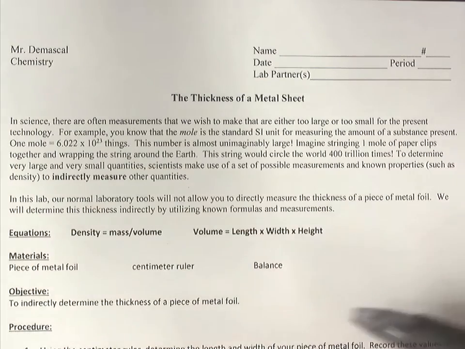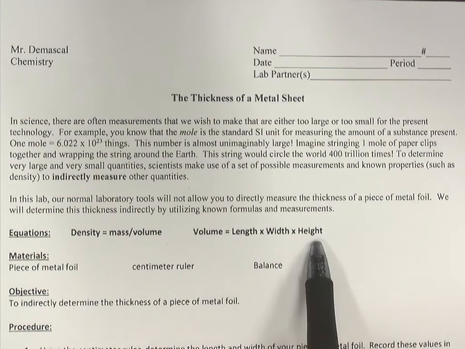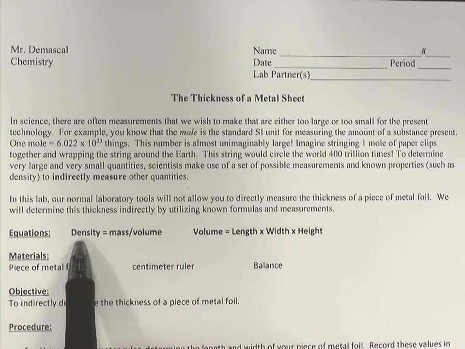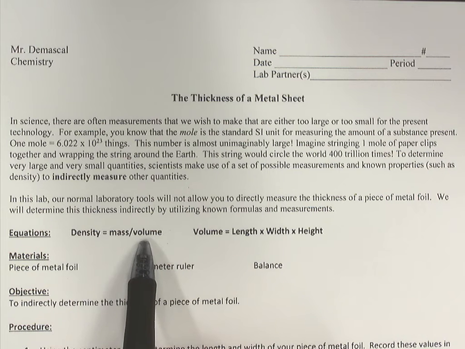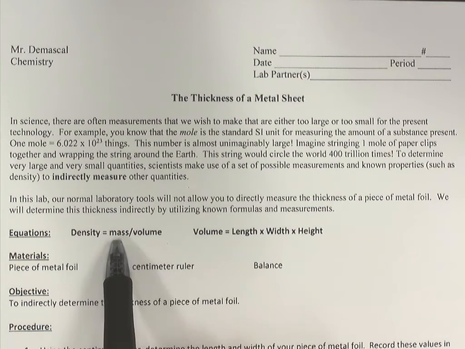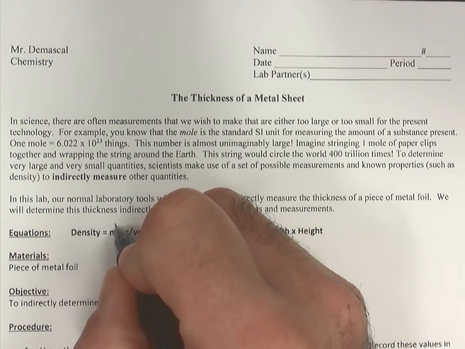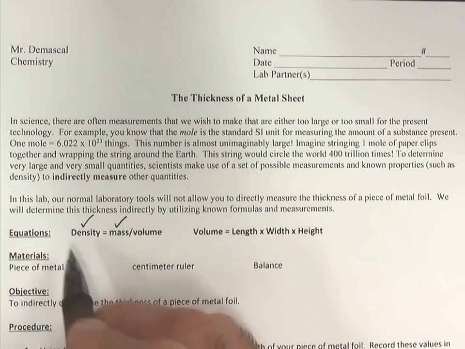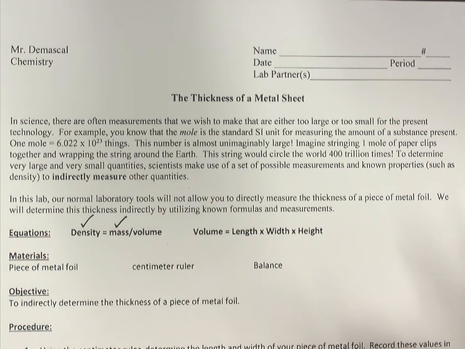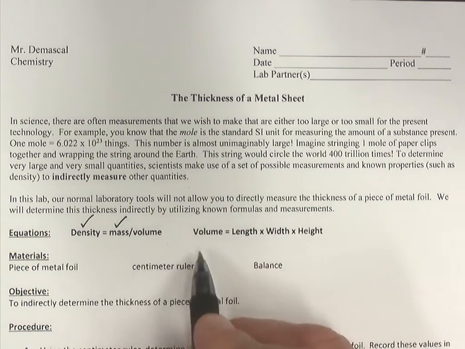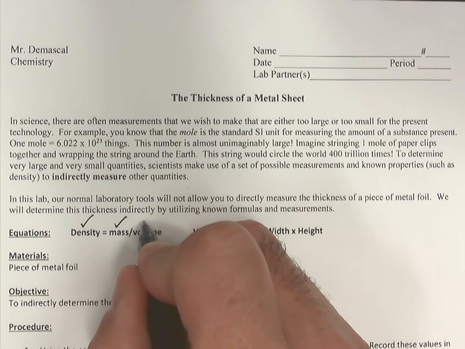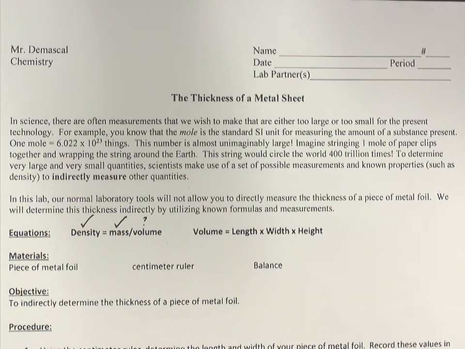So if we think about volume as length times width times height, and density as mass over volume, we can measure our mass. Since this is an elemental sample, we can know both mass and density, because we can look up the density of copper. You can just Google that. That'll let us find the volume.